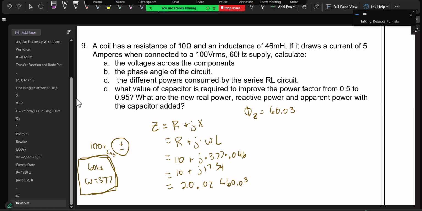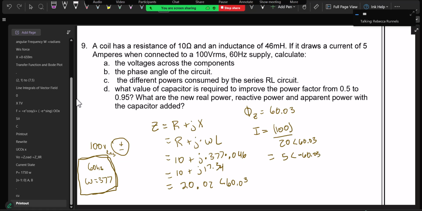Our current is 100 divided by 20 angle 60.03, which is 5 angle negative 60.03.